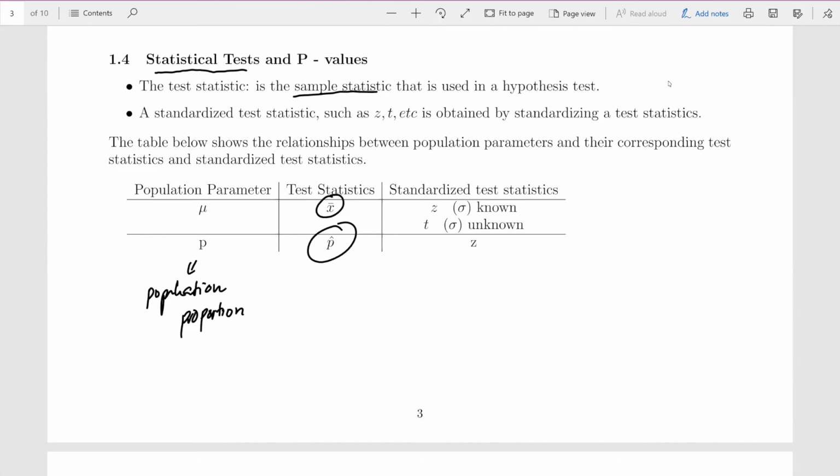Okay. And then you have two different standardized test statistics. You can use a z-test if sigma is known, and you can use a t-test when sigma is unknown.